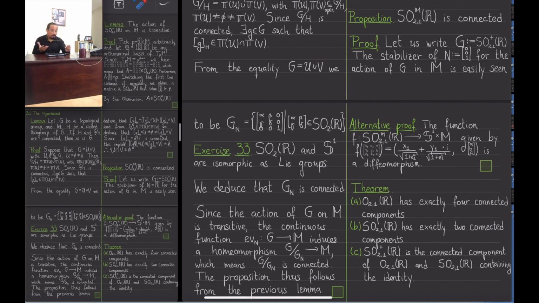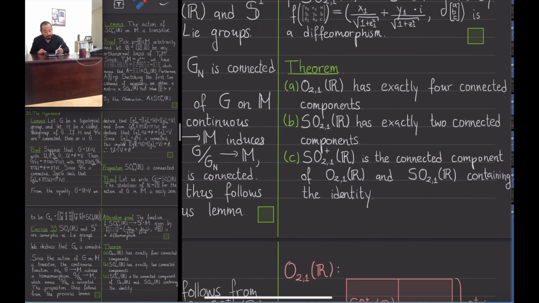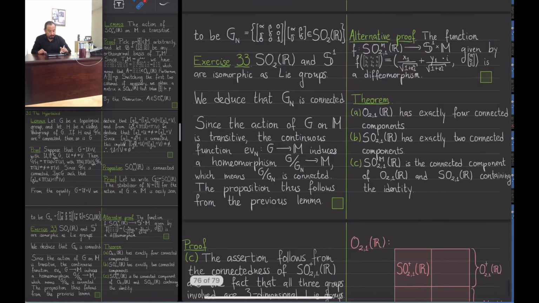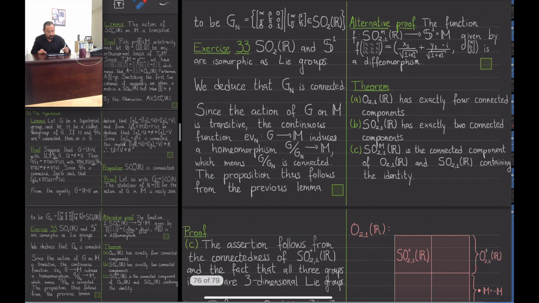So it seems that this has at least those 4 connected components: determinant 1 preserving M, determinant 1 exchanging both, determinant minus 1 preserving M, determinant minus 1 exchanging the two sheets. So that's at least some intuition as to why this is reasonable to expect.